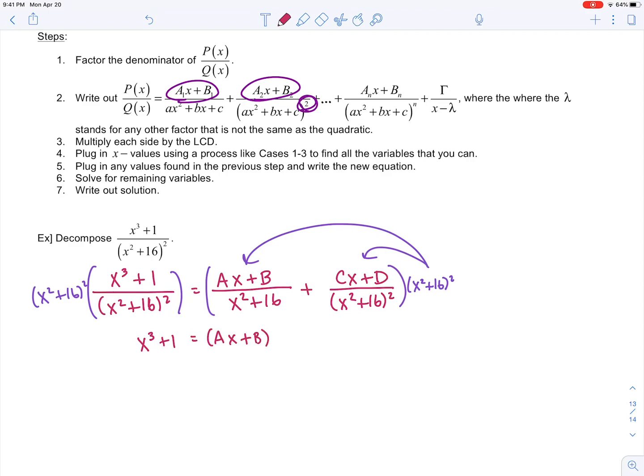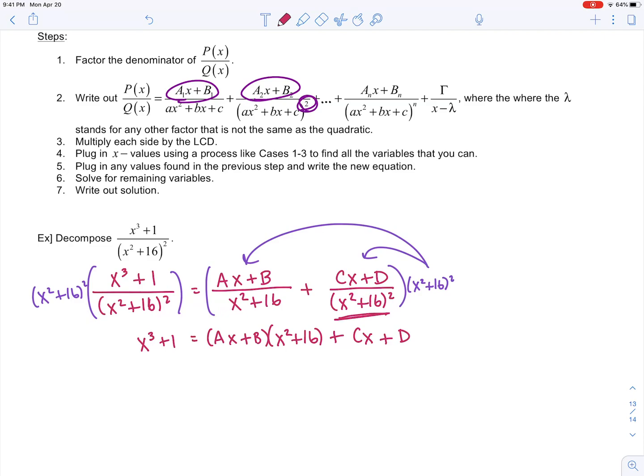So I'll have ax plus b times x squared plus 16 plus cx plus d. So notice that the denominator here also was canceled out.